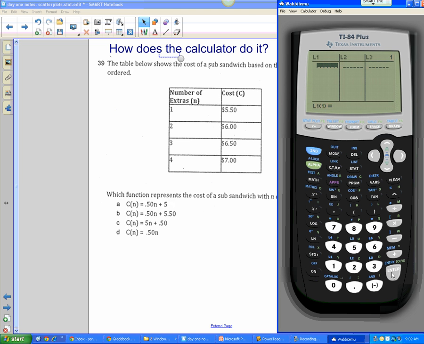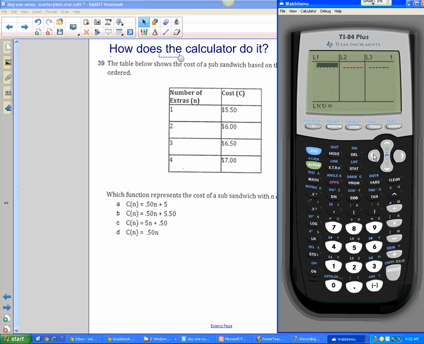If yours has numbers in it, you need to go up and get that highlighted and hit clear enter. Did that get rid of your numbers? You can go over to L2 as well, get that highlighted and hit clear enter to get rid of the data in there.